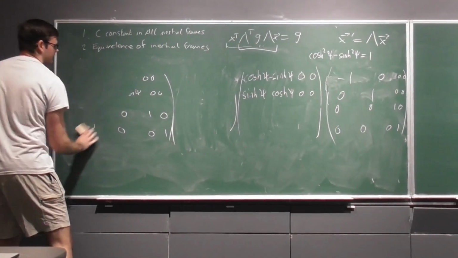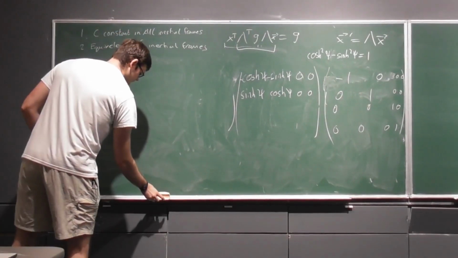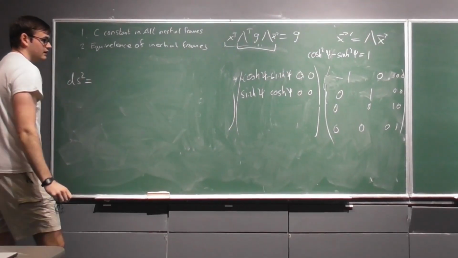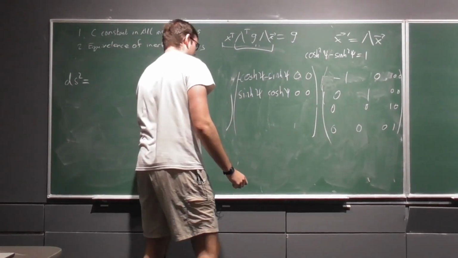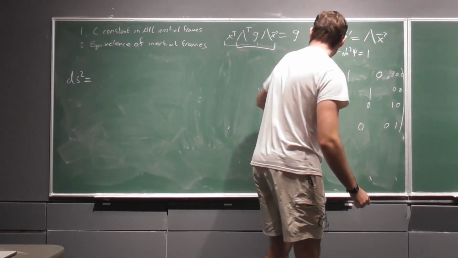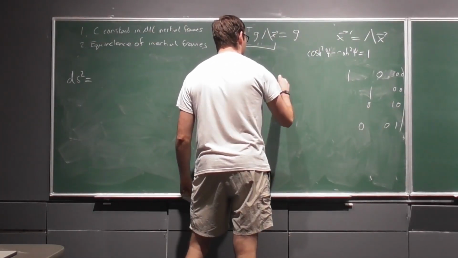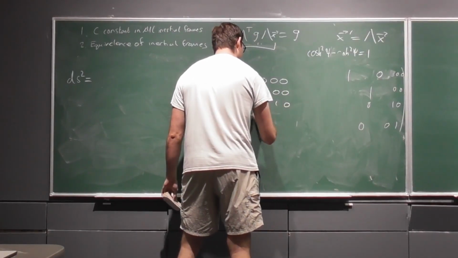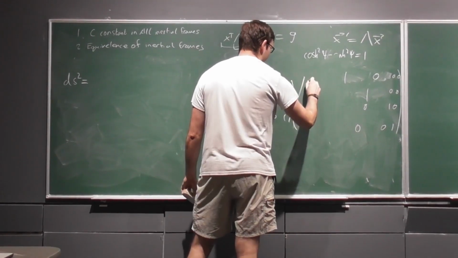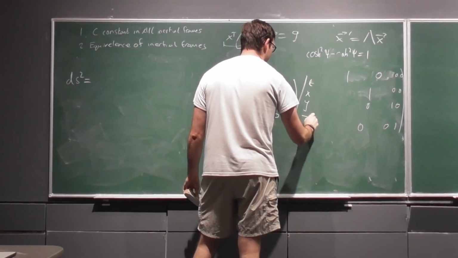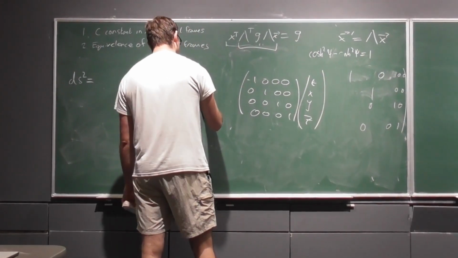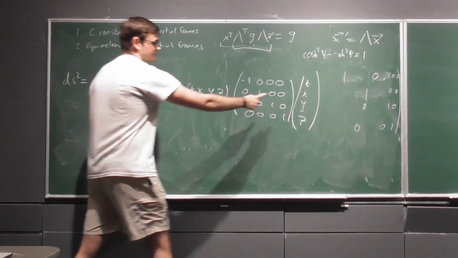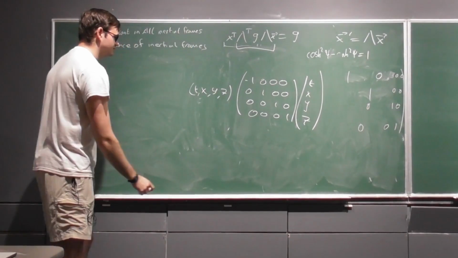Okay, what does that look like? Last thing we do, let's write down the line element. So ds squared, we can now think of putting our minus 1, 0, 0, 0, 0, 1, 0, 0, 0, 0, 1, 0, 0, 0, 0, 1, and if we had our t, x, y, and z sandwiched in there, we can see that the t will pick up a minus, but none of the others will.